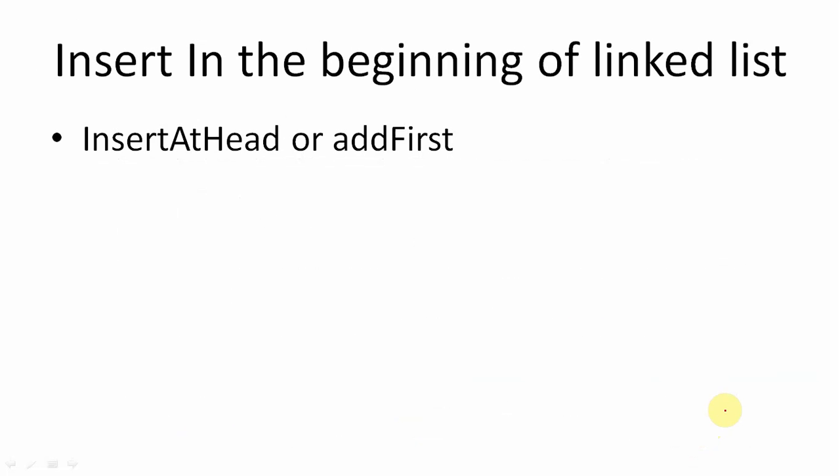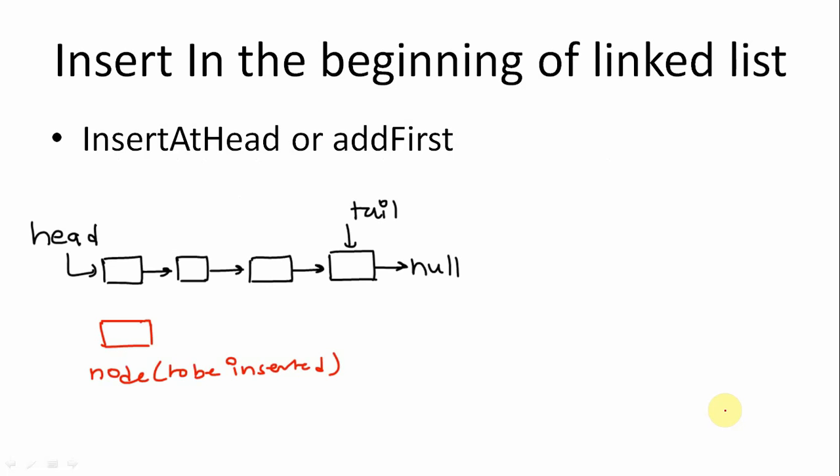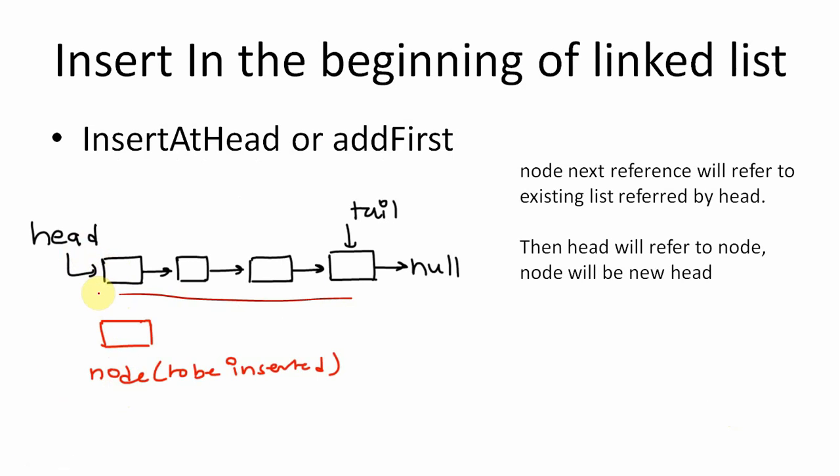Okay. Now let us consider the scenario of insert at head. Insert at head means, as we discussed earlier, this is your existing linked list, and you want this node to be part of this linked list. So what you have to do? The node's next reference will refer to the existing list referred by head.